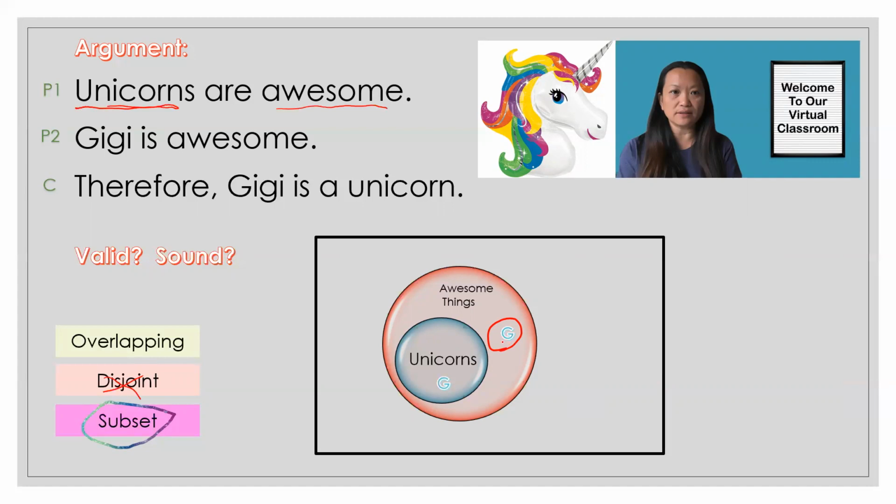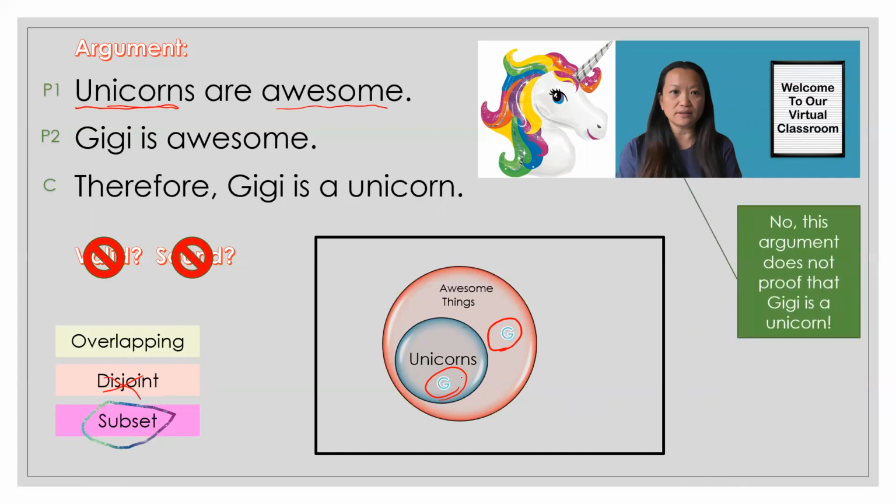She could be here or here. So it's not valid. Now, once it's not valid, we can say not sound, because in order to be sound, it needs to be valid in structure first. So in this case, this argument does not prove that Gigi is a unicorn. I'm not a unicorn. I'm so glad I'm not a unicorn. I'm a math teacher.